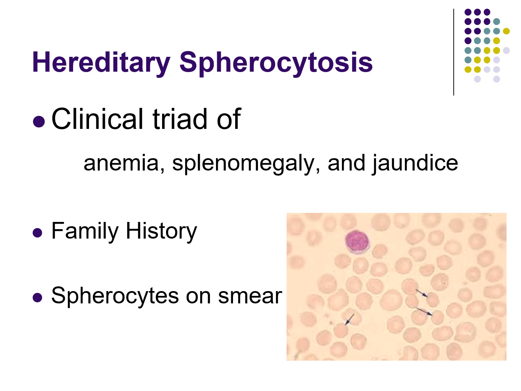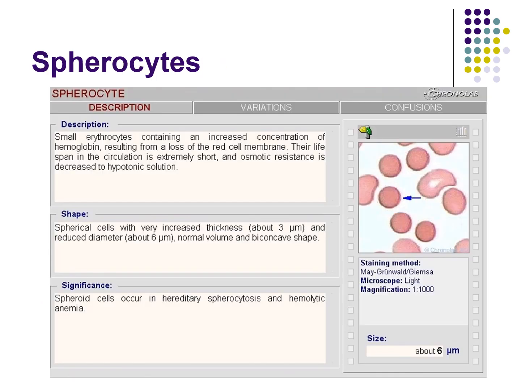Then, when we examine this patient and see his CBC and blood sample, we have the family history. We have a family history of variable degrees of anemia, and when we look at the smear, we find the spherocytes.